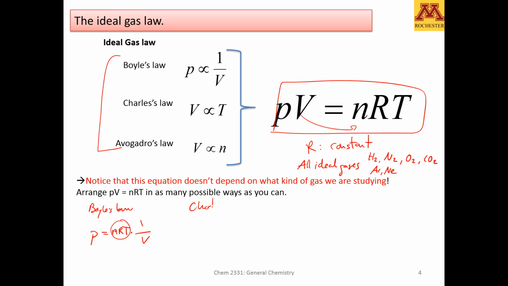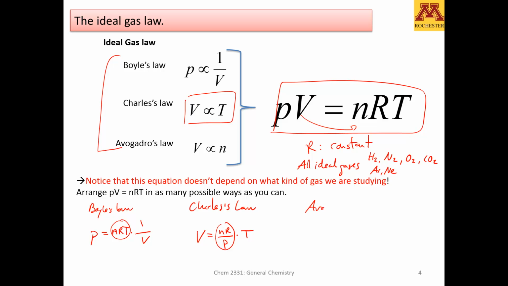Charles' law, which says the volume is proportional to the temperature, can be seen if I write V equals nR over P times T. Now I know that the constant of proportionality in Charles' law is the number of moles times R divided by the pressure.